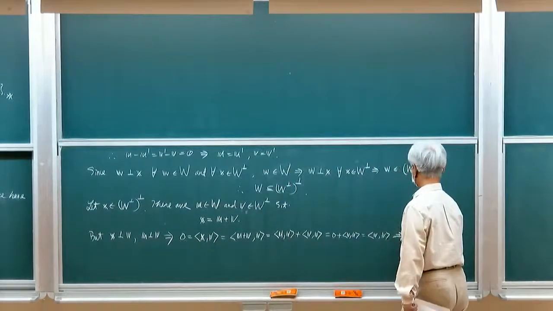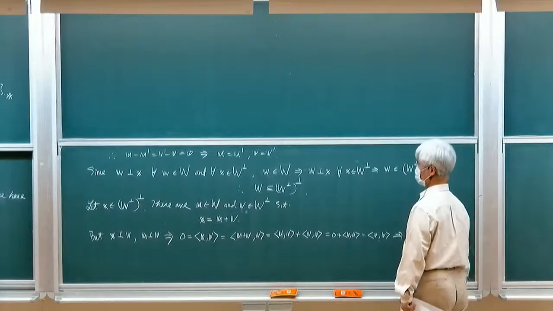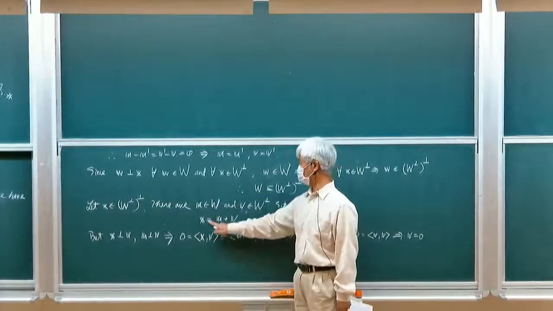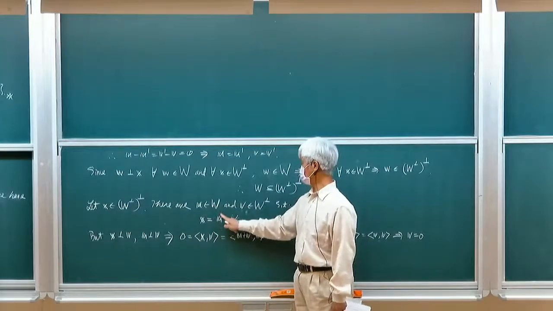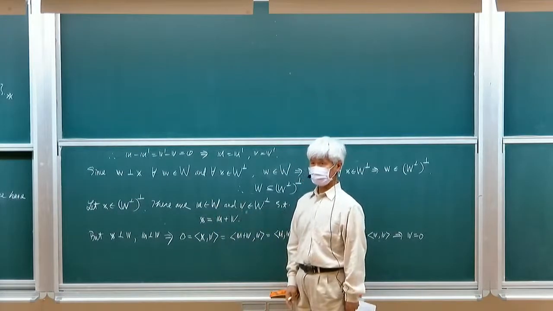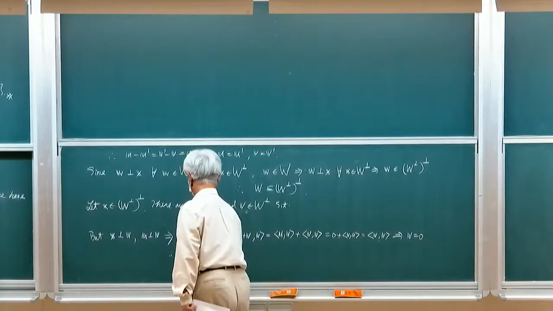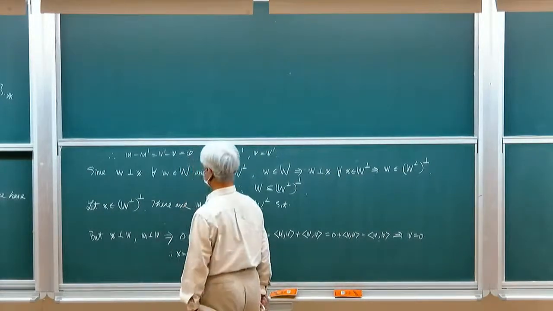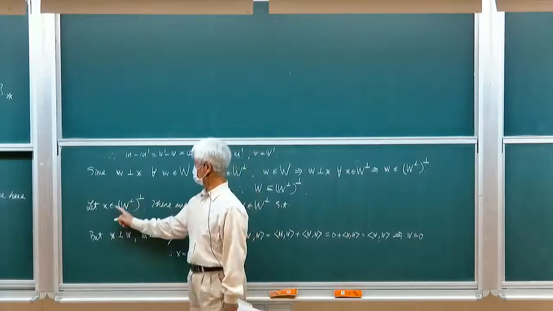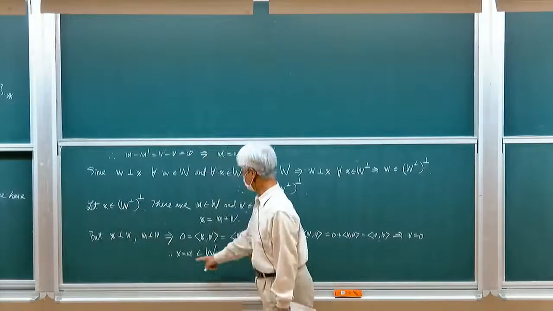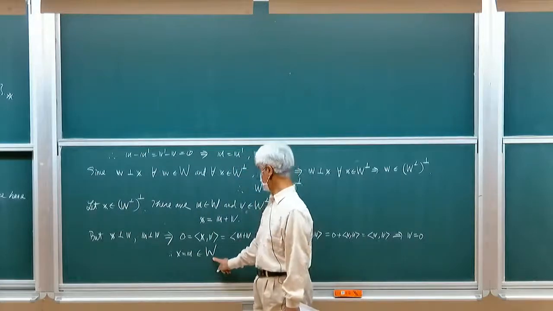So this implies that V is 0. So V is 0, and x is equal to U, but U is in W, so x is equal to U is in W. So every x in the perp of the perp implies that x is in W.